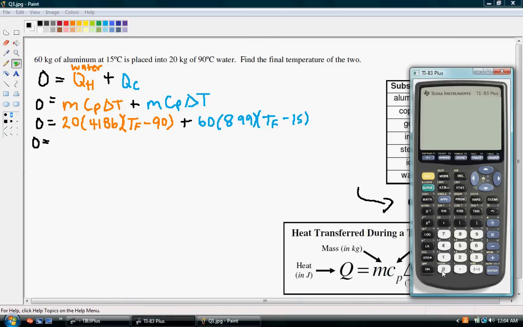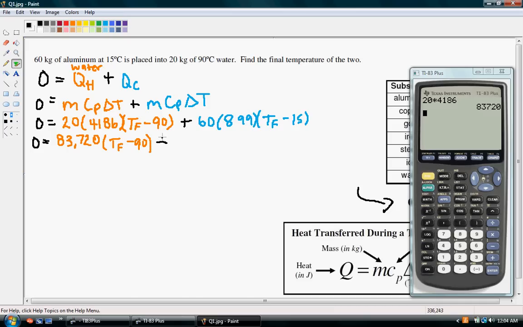Alright, so 20 times the specific heat of water, 4186, is equal to 83,720. And remember, that's still being multiplied to the final temperature minus the initial temperature of 90.